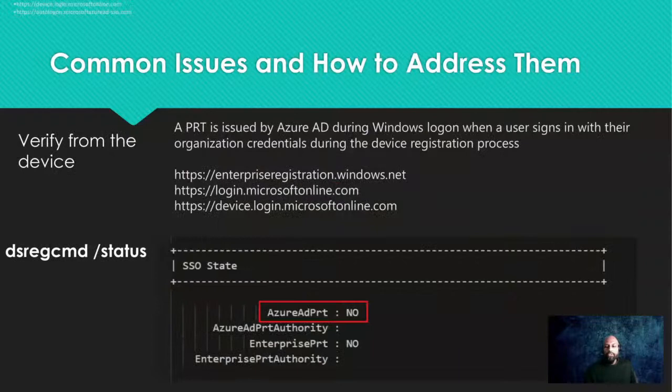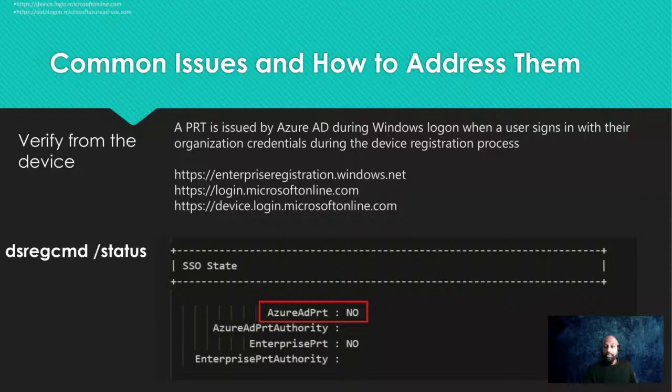Also, if you check the SSO state section in the same dsregcmd /status output, you can see the Azure AD primary refresh token as no. This is because during the registration process, Azure AD issues a refresh token to the device.